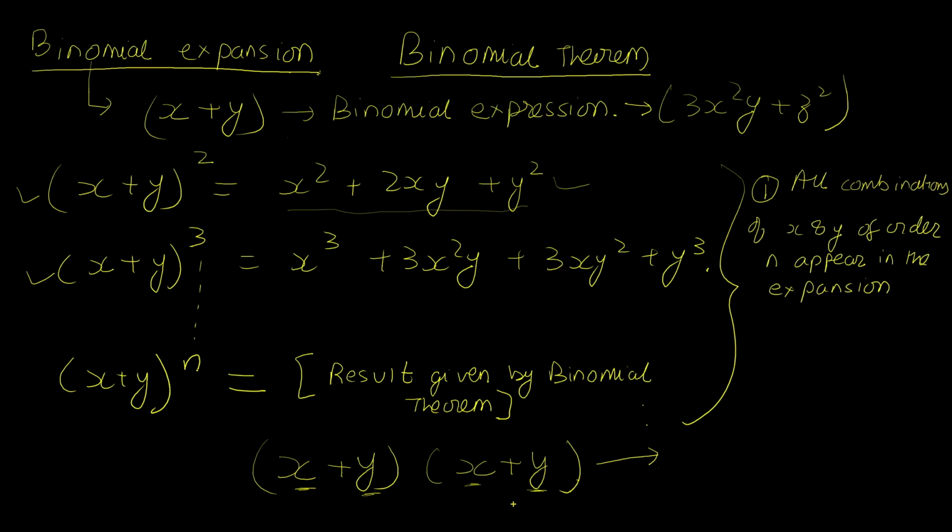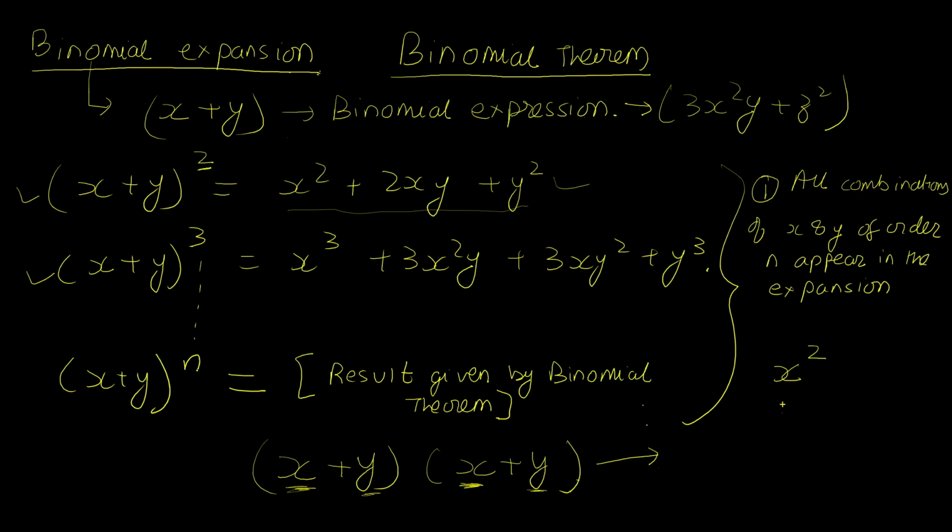So the order in this particular example is equal to 2 because I'm taking the square of x and y. And by my first observation, I can tell that all combinations of x and y of order 2 will appear in my expansion. So my term could be built with only x. In that case, the order has to be 2, so this term has to be x squared. And that is obtained by multiplying this x with this x.